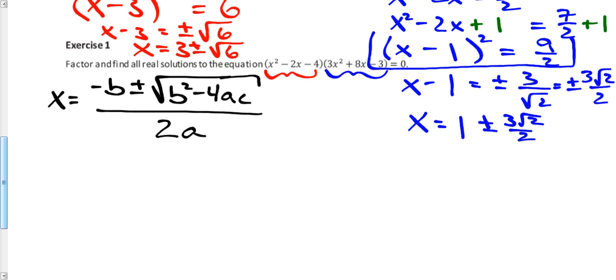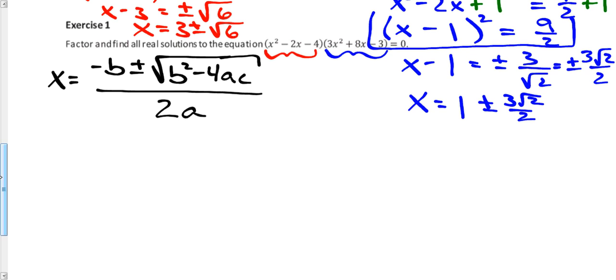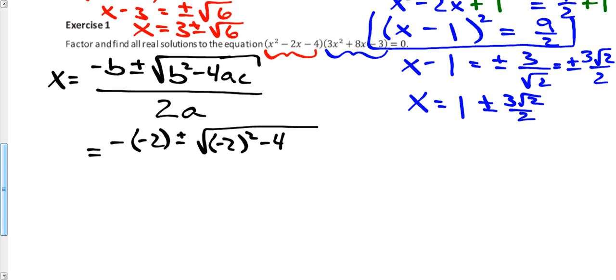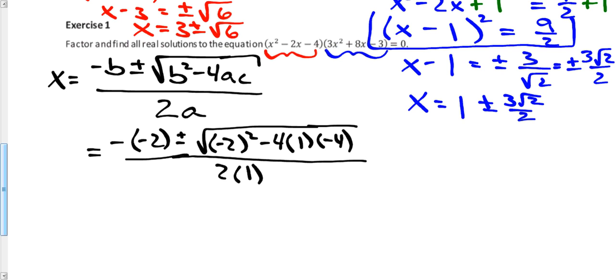But instead of doing this, watch here. So, what do we got for B? B is negative 2, right? So I get the opposite of negative 2, plus or minus the square root of negative 2 squared minus 4 times 1 times C, which is negative 4, all over 2 times 1.